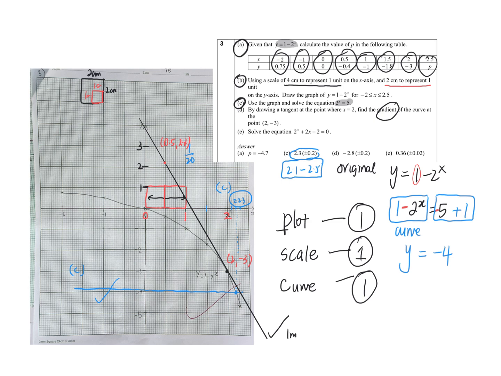Or if there's another point anywhere on the line that you want, you can just pick it. We need 2 points. Go and calculate the gradient. The gradient is y2 minus y1 over x2 minus x1. Okay, you go and press your calculator.